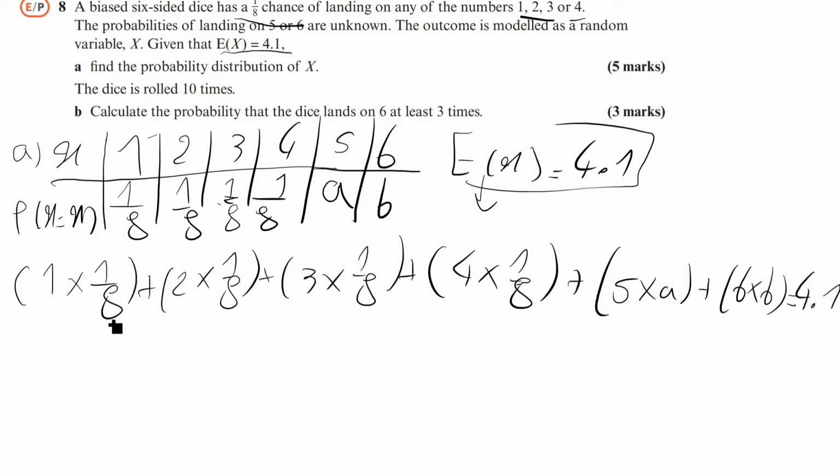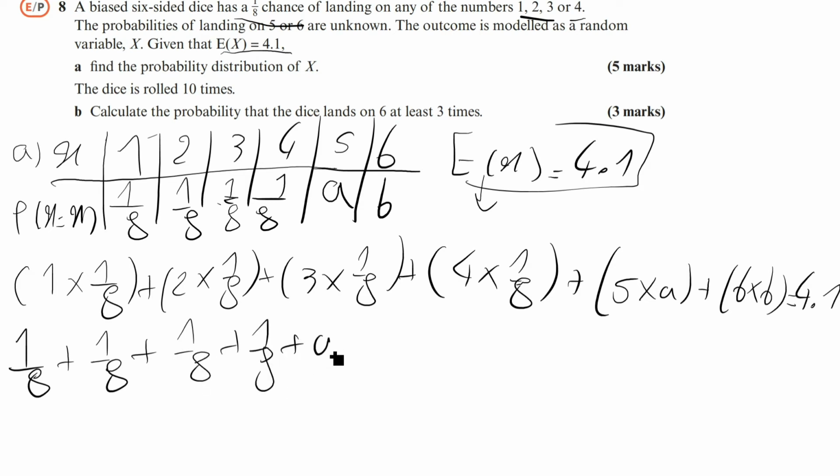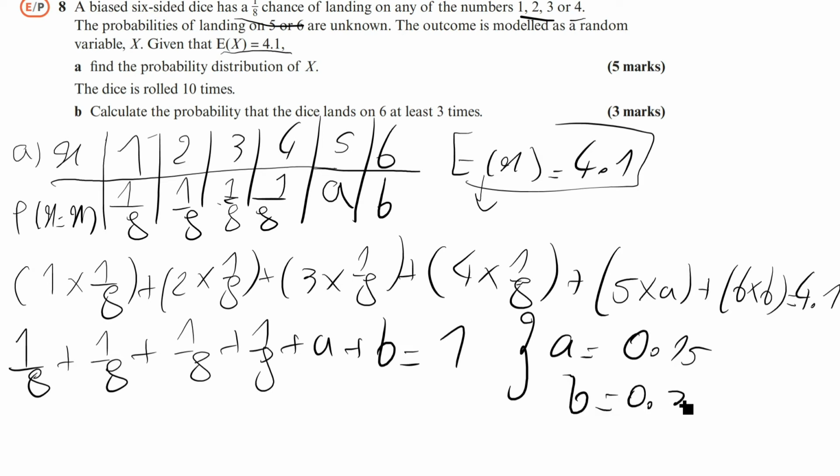We also use the fact that the sum of all of these probabilities is equal to 1. By solving these two equations, we will be able to get the values of A and B. So A is equal to 0.15 and B is equal to 0.35.